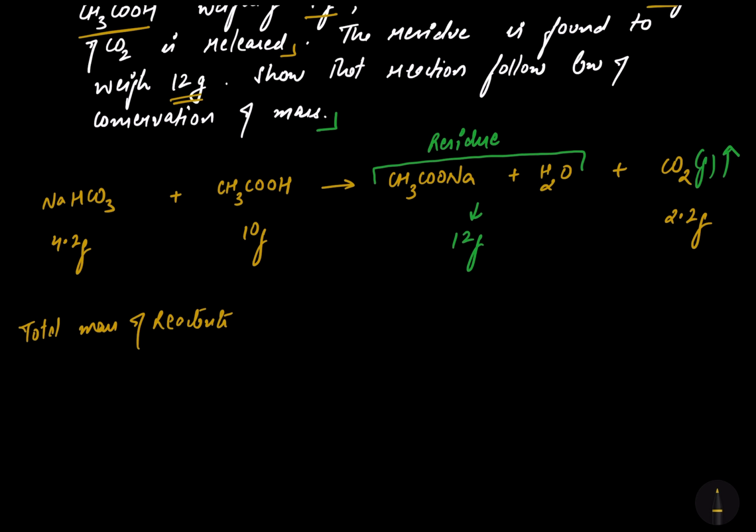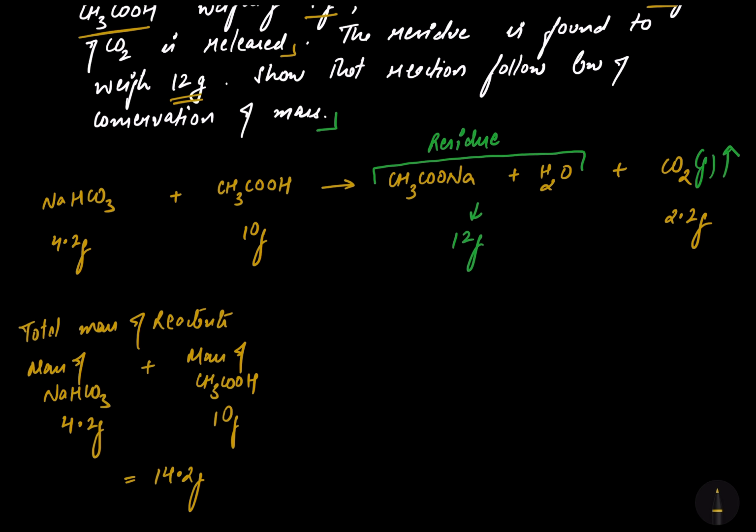The total mass of reactants comes out to be obviously mass of NaHCO3 plus mass of CH3COOH. It is 4.2 grams, it is 10 grams, which comes out to be 14.2 grams.